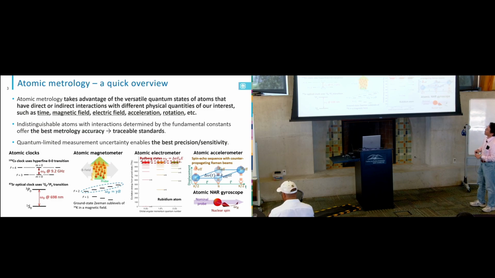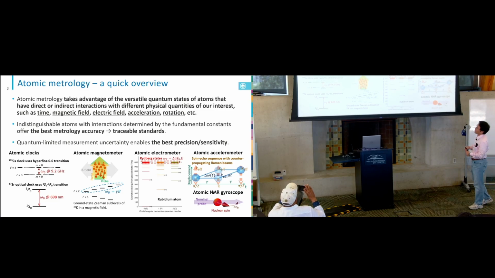There are 5 major categories for atoms to be used for sensing applications, and most of you probably already know: one is time, like the atomic clock; magnetic field, the atomic magnetometer; electric field, the atomic electrometer; and acceleration and rotation, atomic interferometry for the atomic accelerometer and gyroscope.